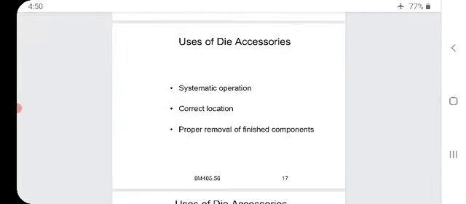So, the use of die accessories. What is the use of die accessories? The systematic operation, correct location, and the proper removal of finished components.